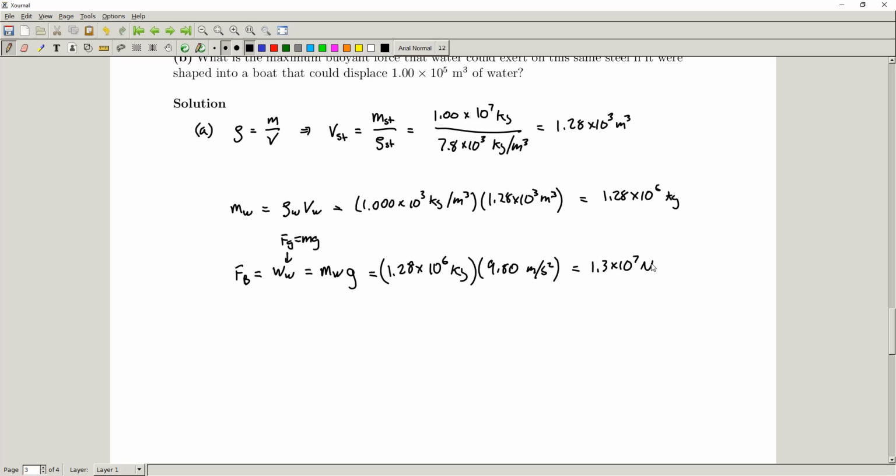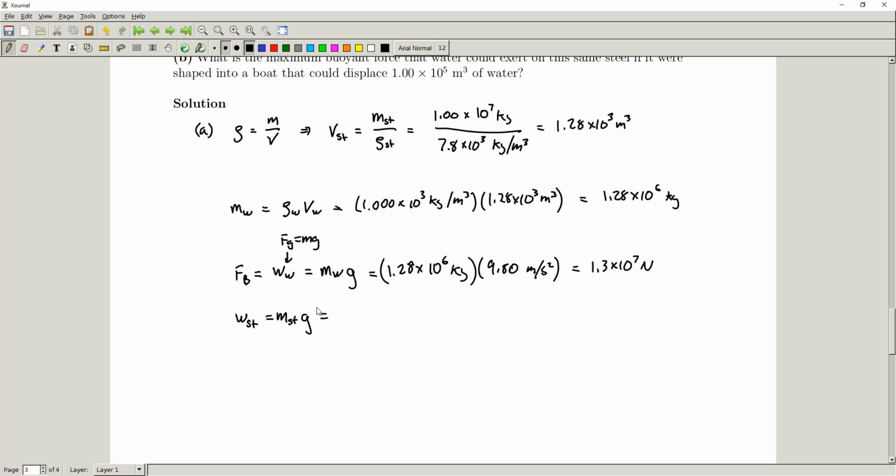Okay, and so if we compare that to the weight of the steel, well, we know that the weight of the steel is going to be equal to the mass of the steel times gravity, right? And so if we do that calculation, what do we have here?